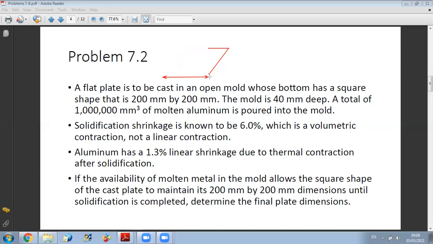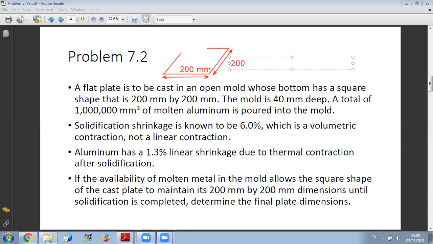So during the first shrinkage step, which is called in general liquid shrinkage, the dimensions are 200 millimeter by 200 millimeter, and they will not change in the first step.